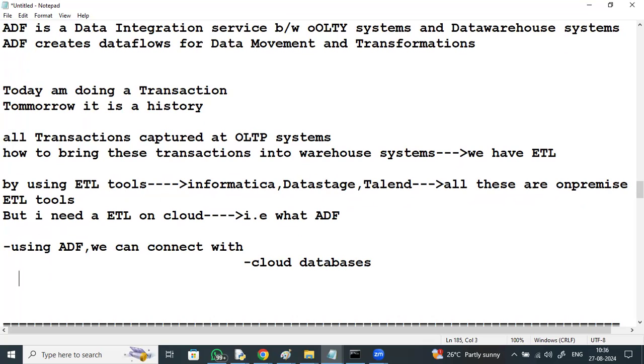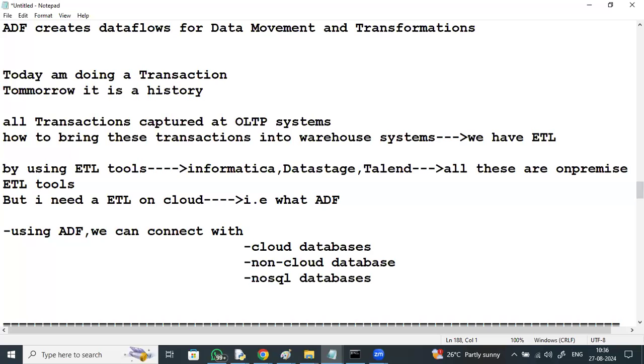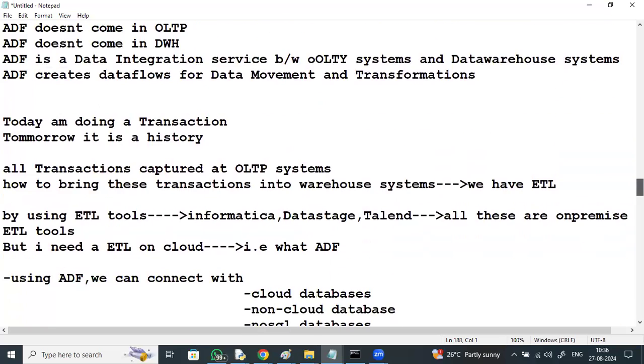Then non-cloud databases, and NoSQL databases. So here you asked, right? Data movement, just now I said about this, and transformations.